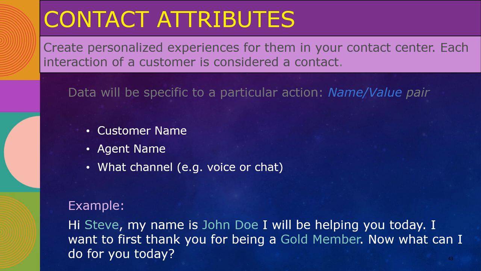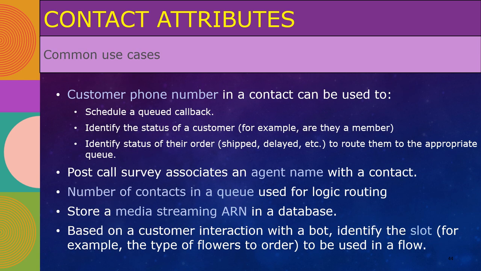So let's get into it, and just briefly discuss some common use cases, and you just saw one of them. The customer phone number in a contact can be used to schedule a queued callback. So the customer could call in, we get his phone number, and we'll call them back.